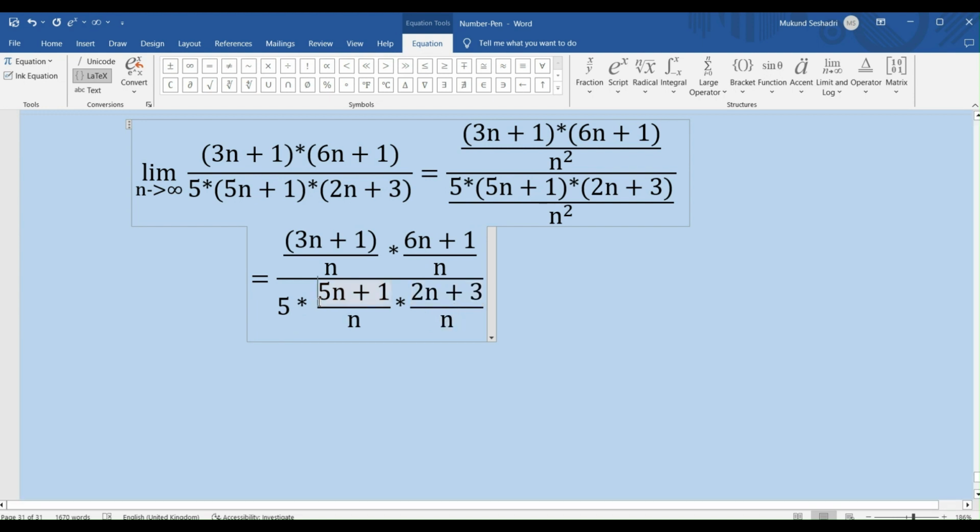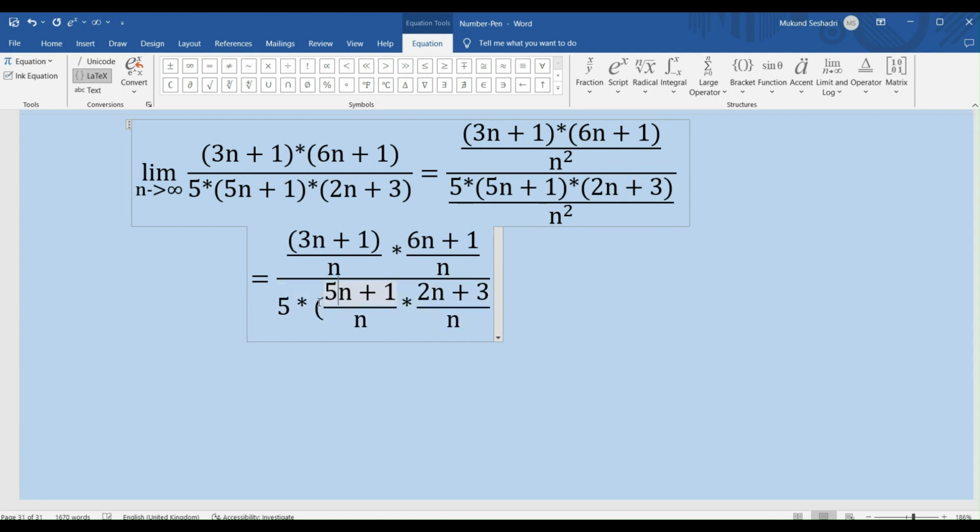So I hope you folks are with me here. Let me close the brackets so that it becomes a lot easier to visualize this.